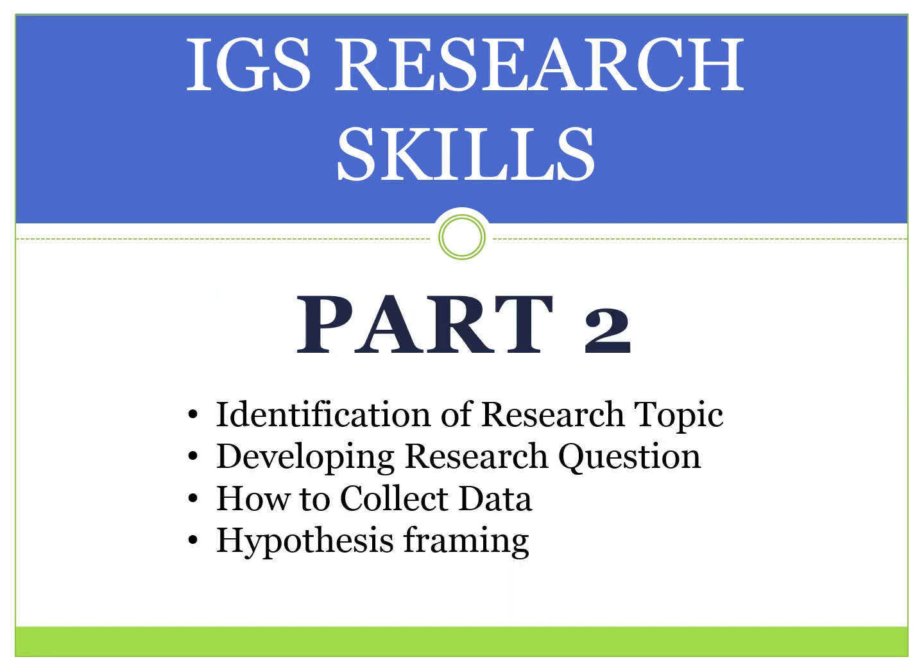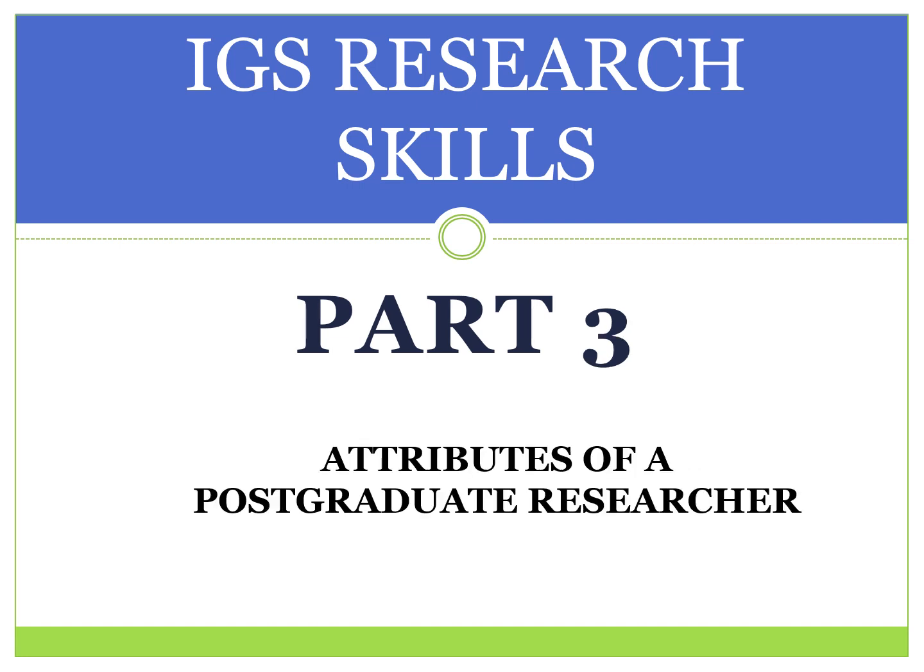The second part is more on the technical part: how to identify a research topic, develop research questions, collect data, and frame your research hypothesis. And the last part is where I would like to share some attributes of being a good postgraduate researcher.